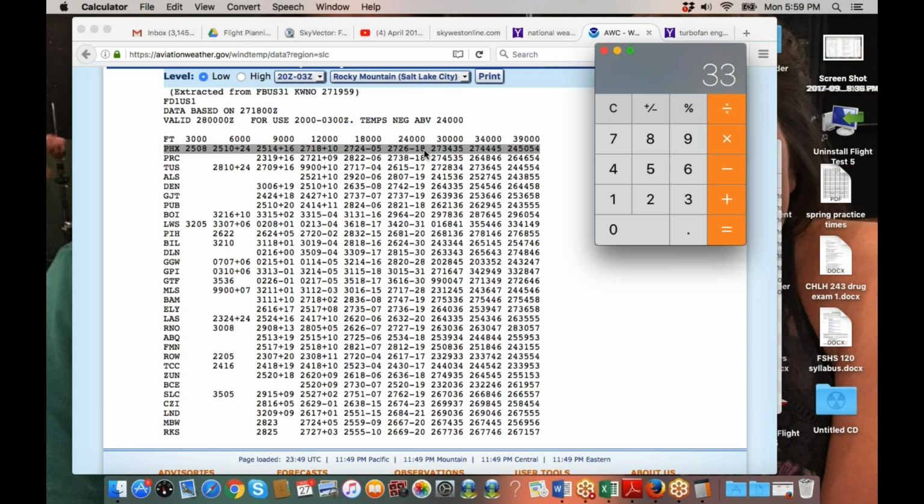Our actual temperature here is going to be negative 18. So then what's our deviation? 15 degrees.